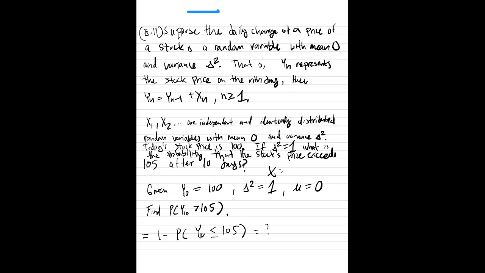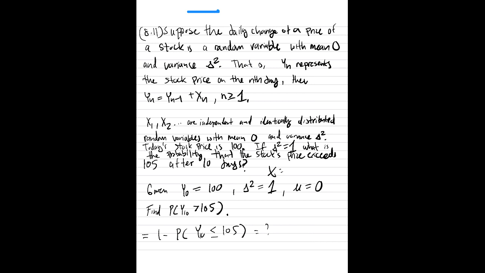Suppose the daily change of the price of a stock is a random variable with mean 0 and variance sigma squared. That is, yn represents the stock price on the nth day, then yn equals yn minus 1 plus xn for n greater than or equal to 1. x1, x2 to xn are independent and identically distributed random variables with mean 0 and variance sigma squared.